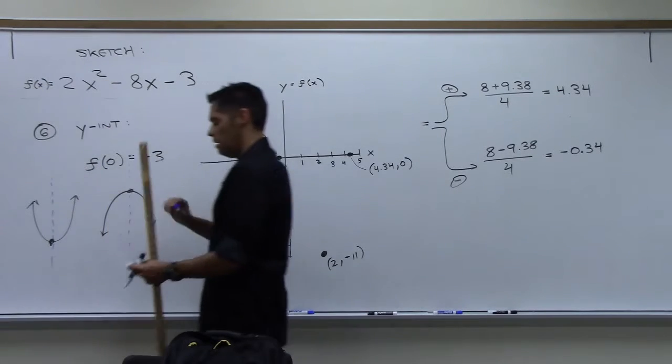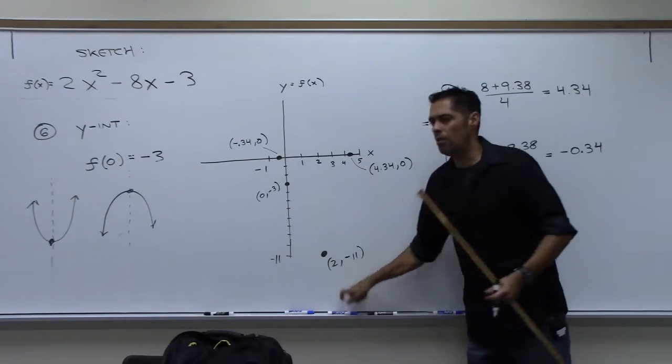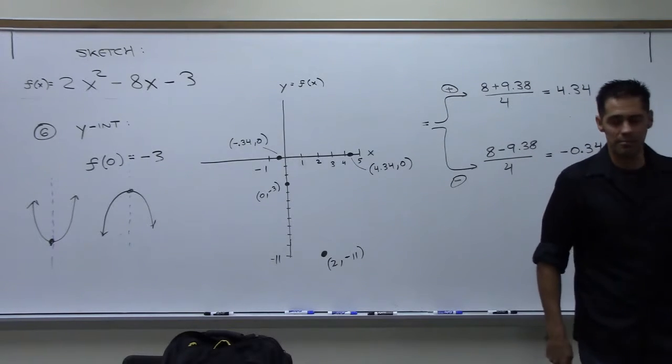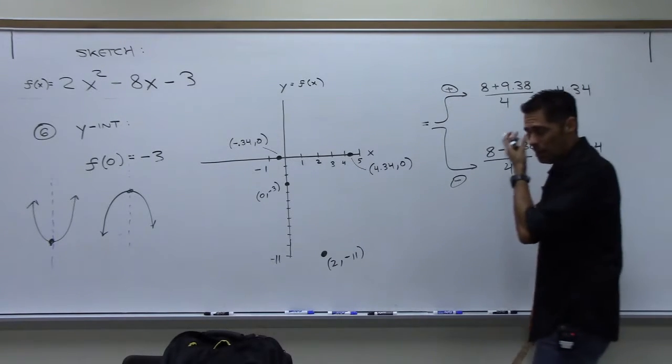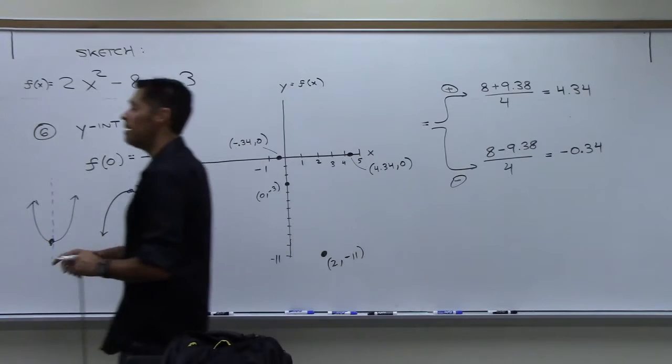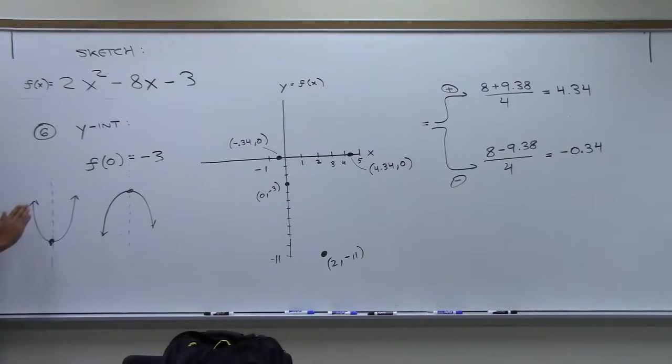That is technically called the axis of symmetry, which I'm not going to ask you about. But the important thing about the axis of symmetry is that this parabola, if you were to reflect it over that dotted line, is a mirror image of itself. So what's happening here on the left is identical to what's happening on the right.